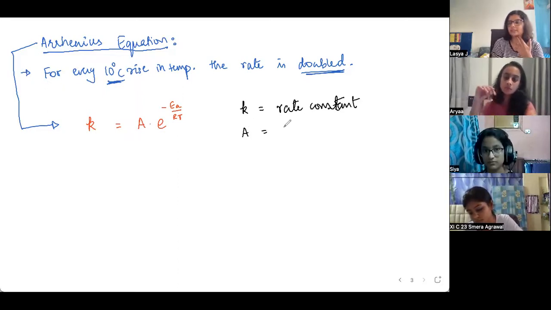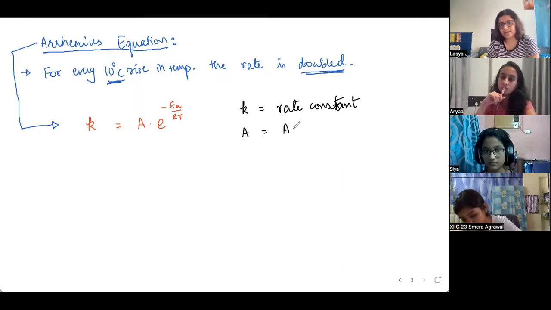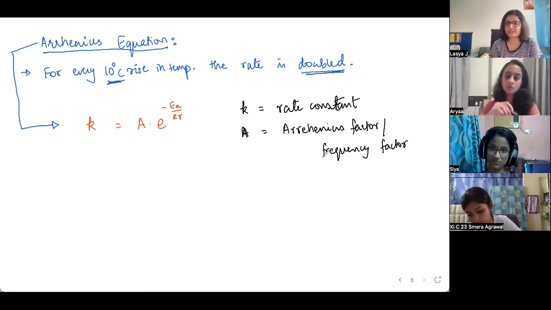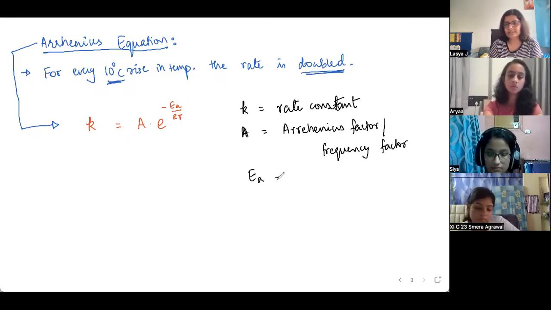A is a number called the Arrhenius factor or frequency factor. The frequency factor relates to the frequency of collisions, you can say. Next we have Ea, the activation energy for the reaction.